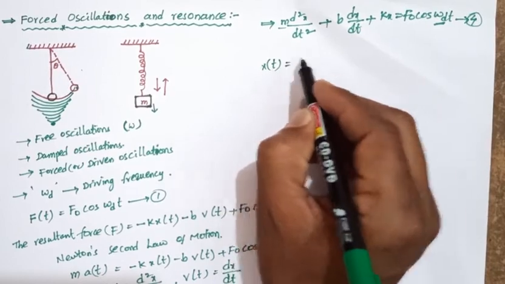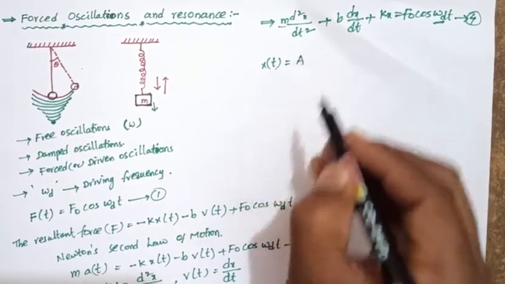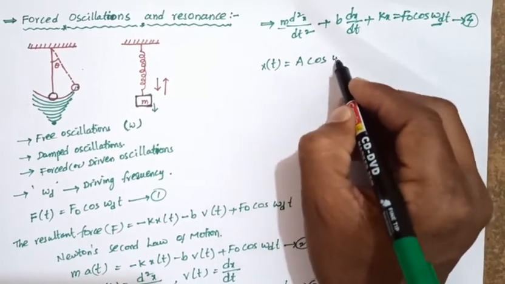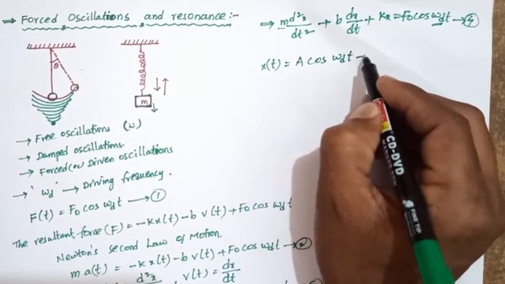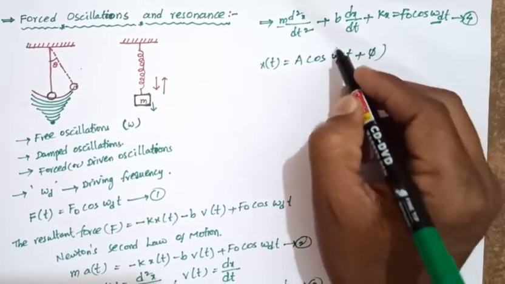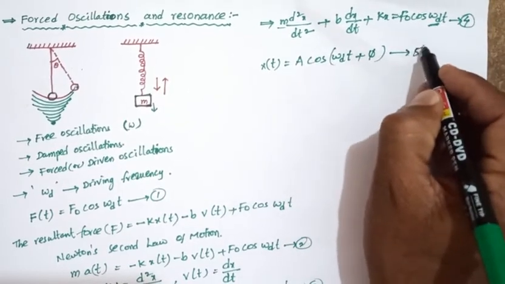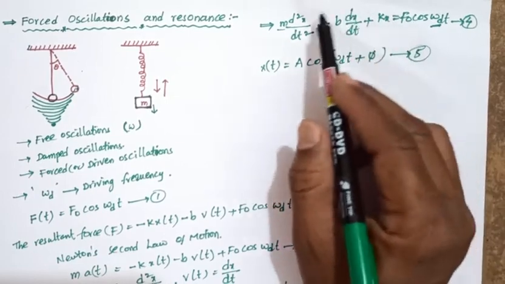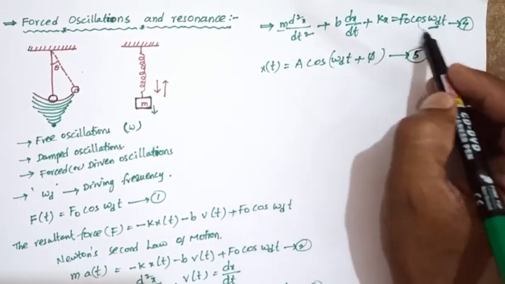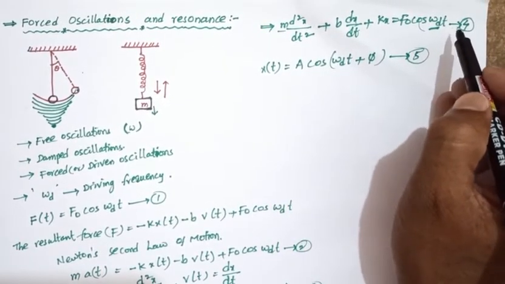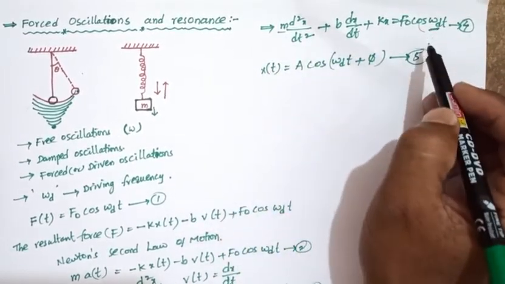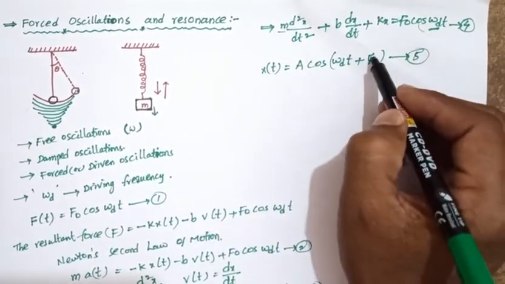x of t equals amplitude A cos omega d t plus phi. So this is equation number 5. Equation number 4 contains the angular driving frequency and also the mass m. It is a periodic motion, and this is the periodic motion equation.